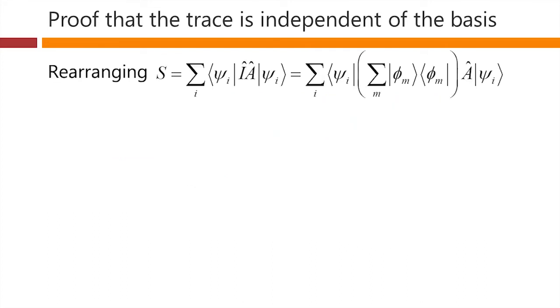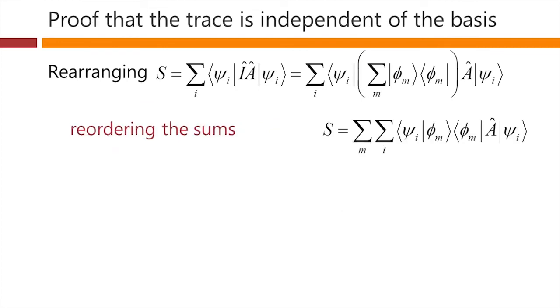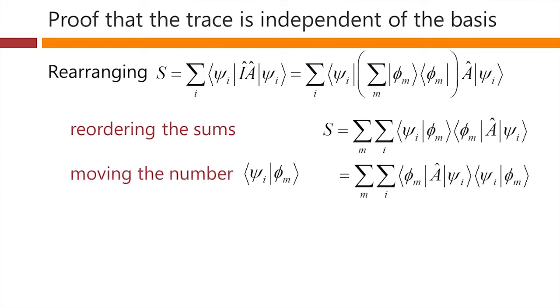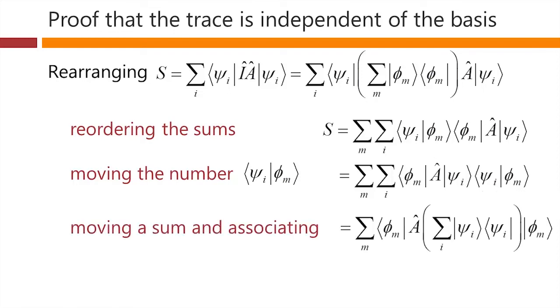And then we can start rearranging things. So we take this expression that we had and then reorder the sums. So we had the sum over m inside here and the sum over i out here. We can flip those round. And we can move this number that is inside the summation here from this side to that side if we want to. And then we can move this sum over i in here because there's nothing out here with an i in it.